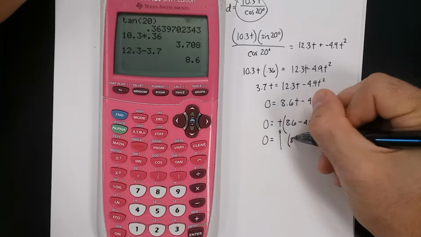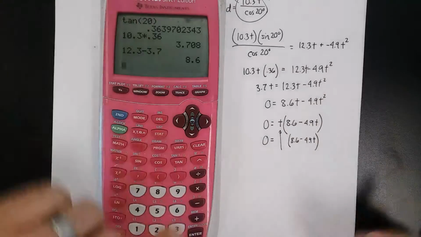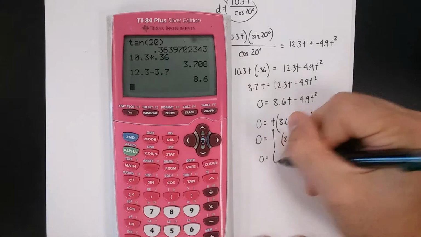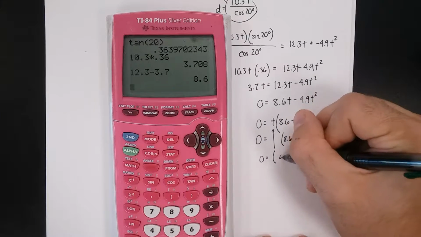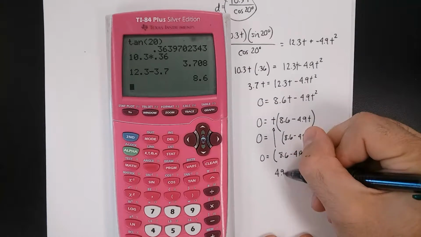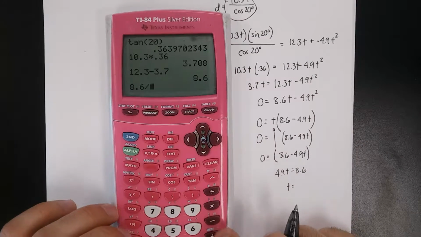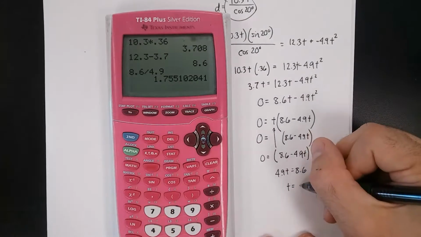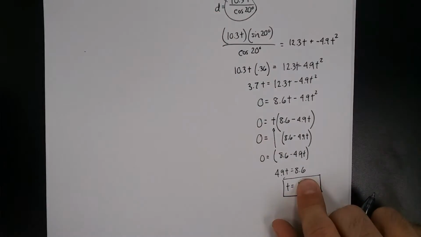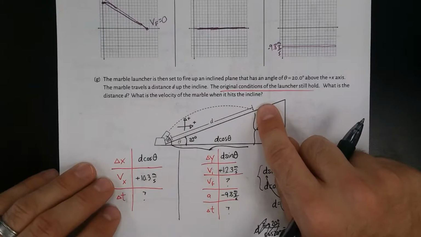What I care about is this value in here. I can solve for that. I'm just writing the same thing again. And say 4.9 t equals 8.6. T then equals 1.75 seconds. That ends up being the time that it takes for it to travel this distance d.